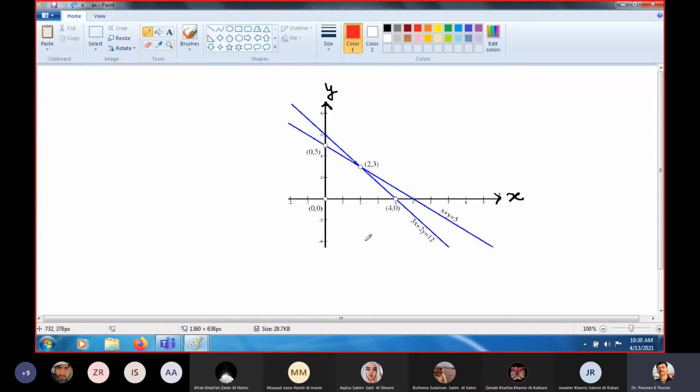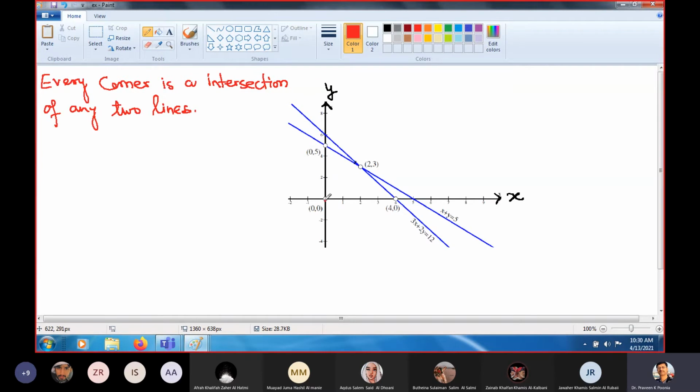But my dear friends, now the method is different. Clear? If you can see, what is this? This is the intersection of this line and this line. Every corner is an intersection of any two lines.